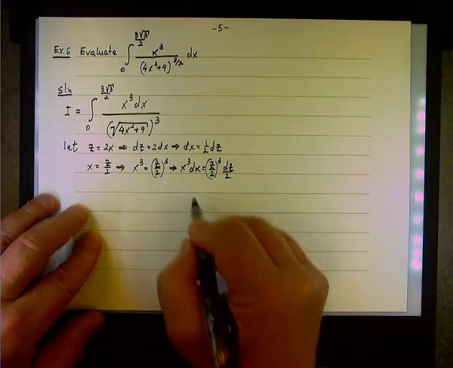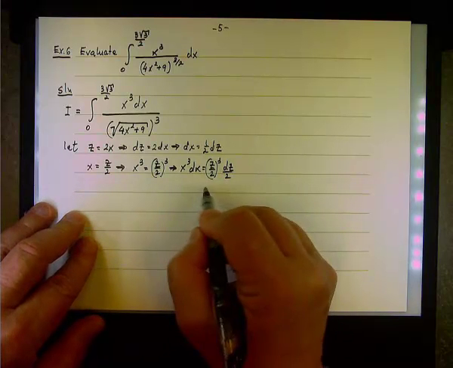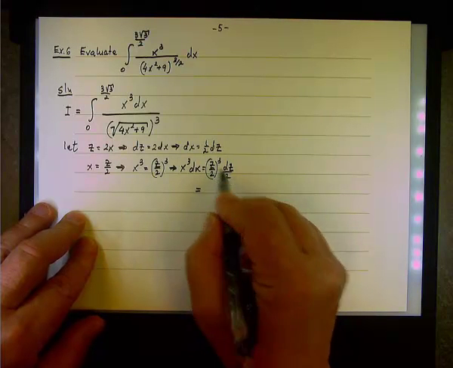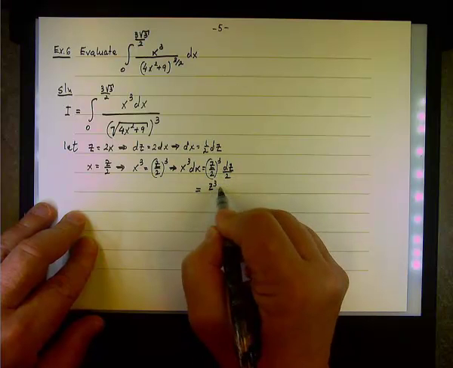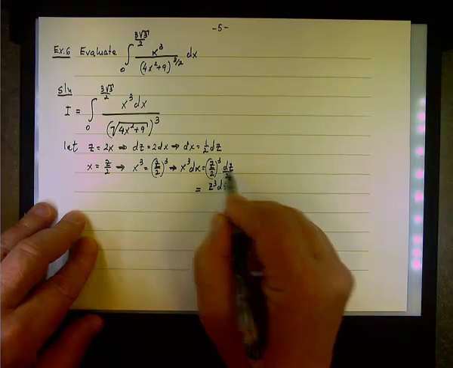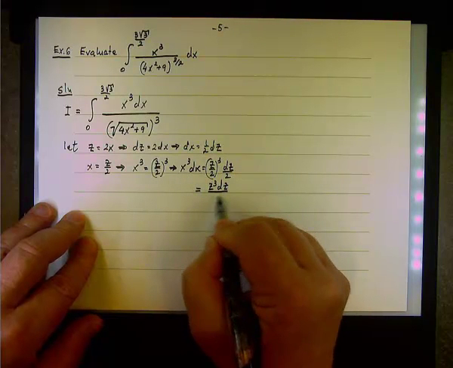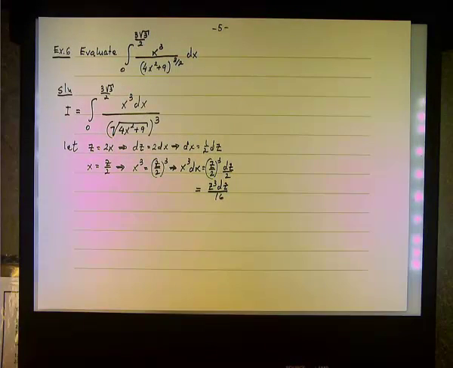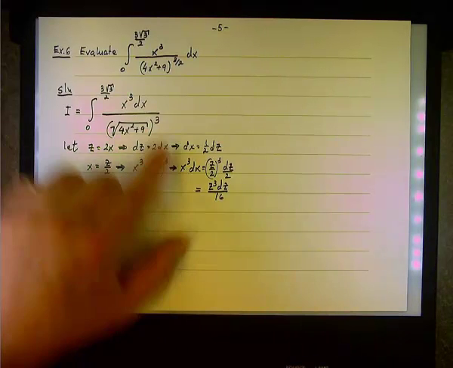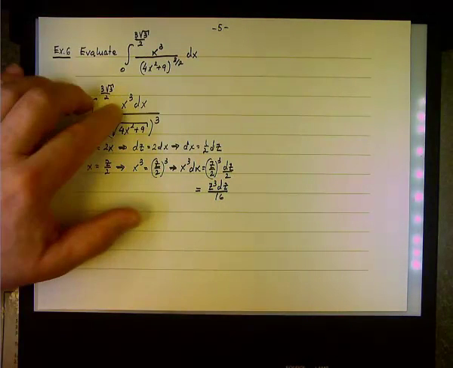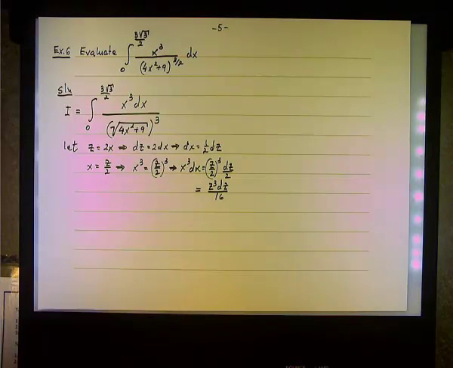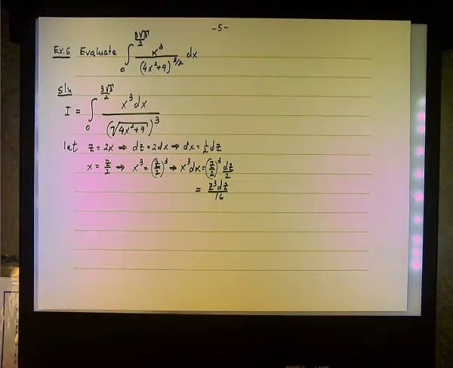Okay, let's do some work here. Z cubed dz, 2 cubed is 8 times 2 is 16. So we have z cubed dz over 16. This will be the numerator, x cubed dx. We took care of that part.